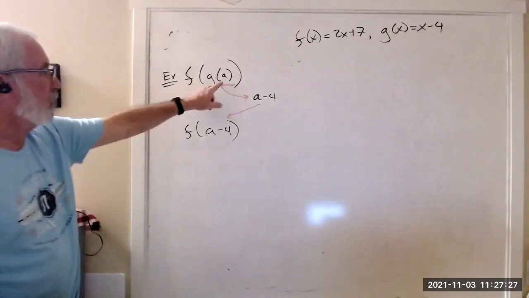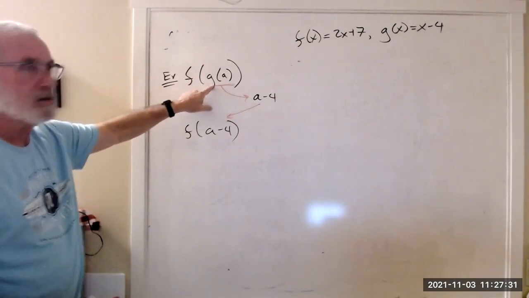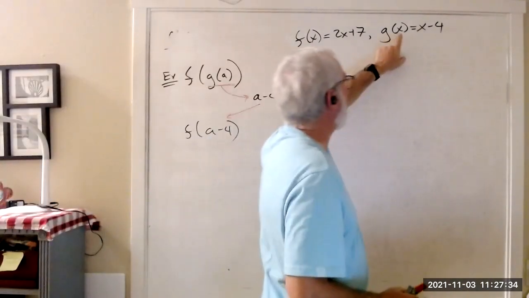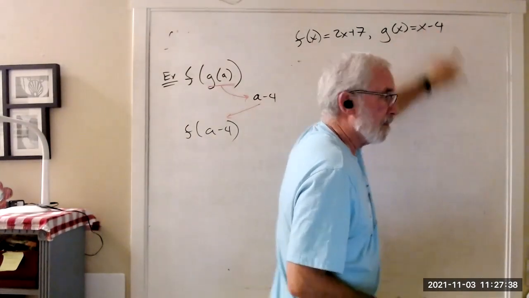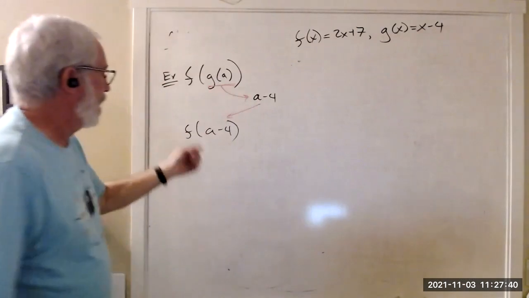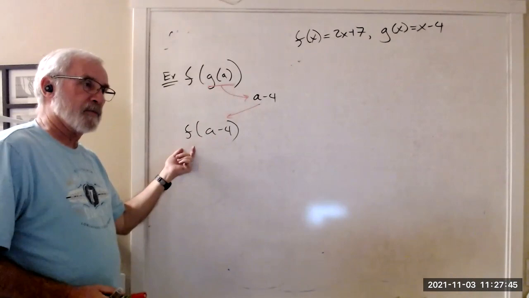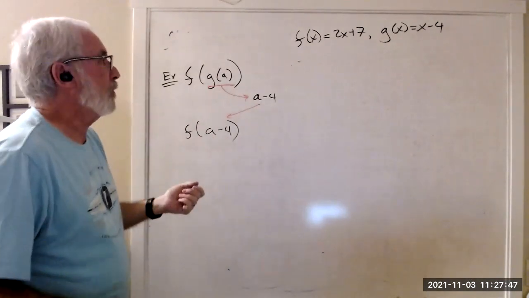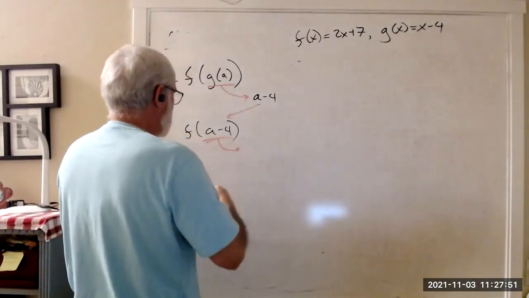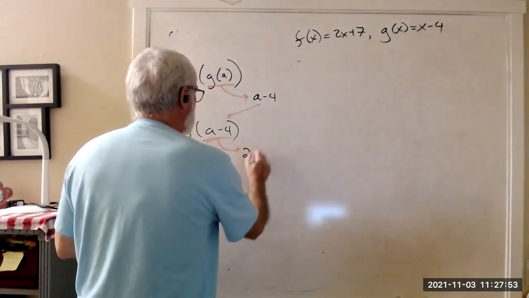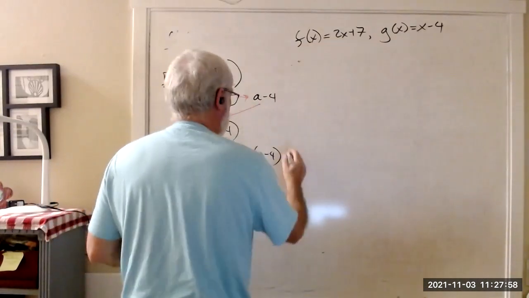So what did I do first? Took A, plugged it into G. A minus 4. Okay, now what am I going to do? I'm going to take A minus 4 and plug it into F. That's going to become 2 times A minus 4, because that's what I'm plugging in, plus 7.